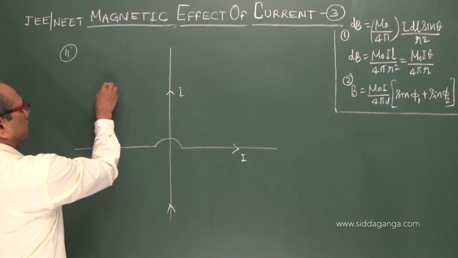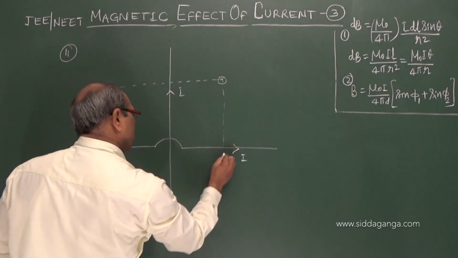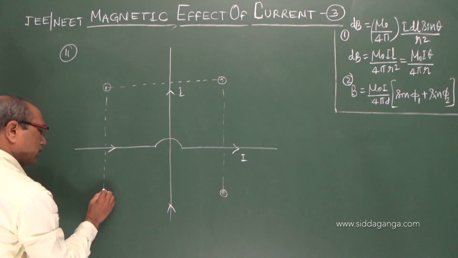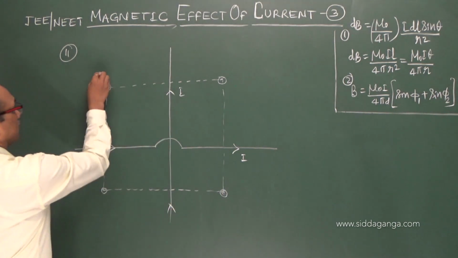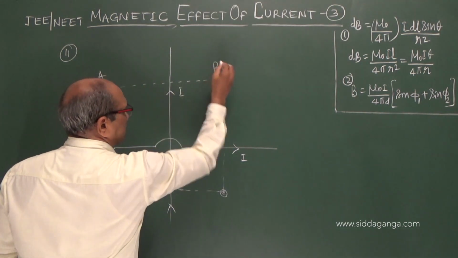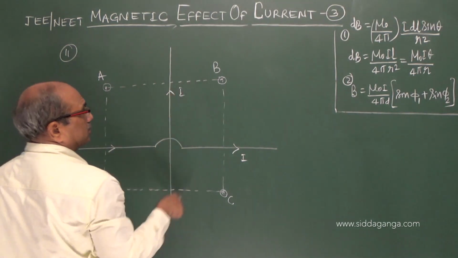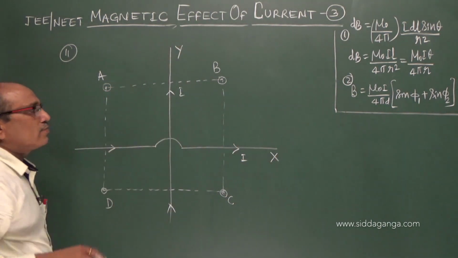I am considering four equidistant points, A, B, C and D. These are the wires carrying current, along the x and y axes.